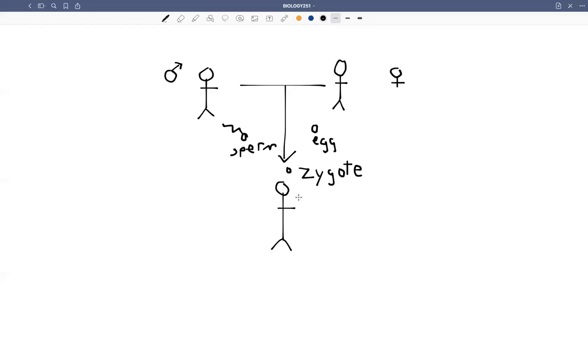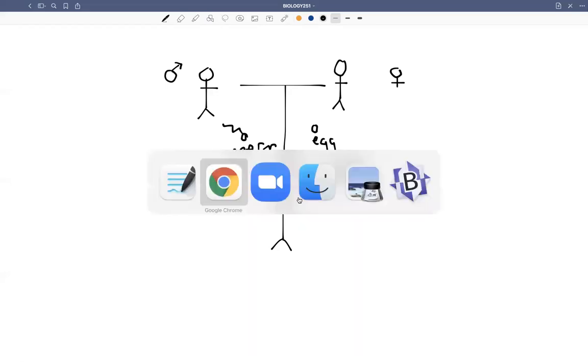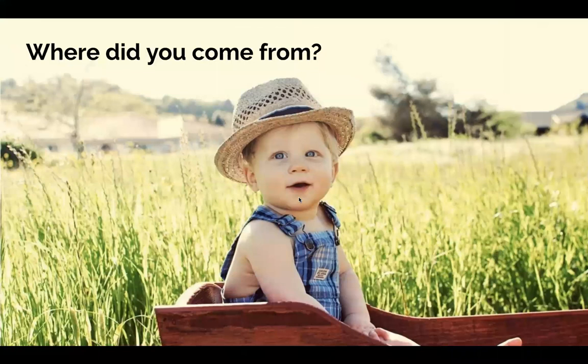So just fascinating that there's so much programming contained in one cell that it can make a human, control the production of all these organs and features, and also put forward these differences among people that are so interesting.